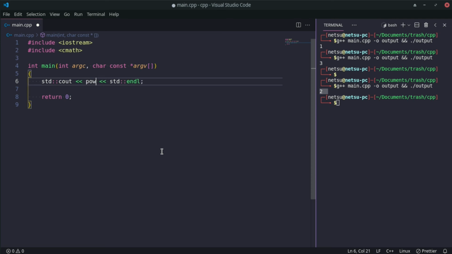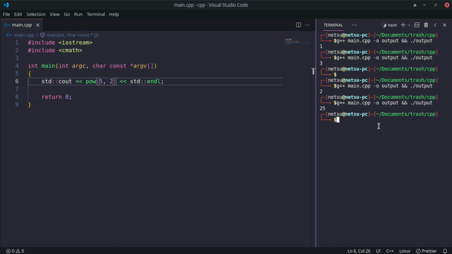So first we have pow. This is to the power of, basically. So if I say 5 to the power of 2, we'll get 25. As you can see right there, we get 25. If I say 5 to the power of 3, I think that would be like 121.